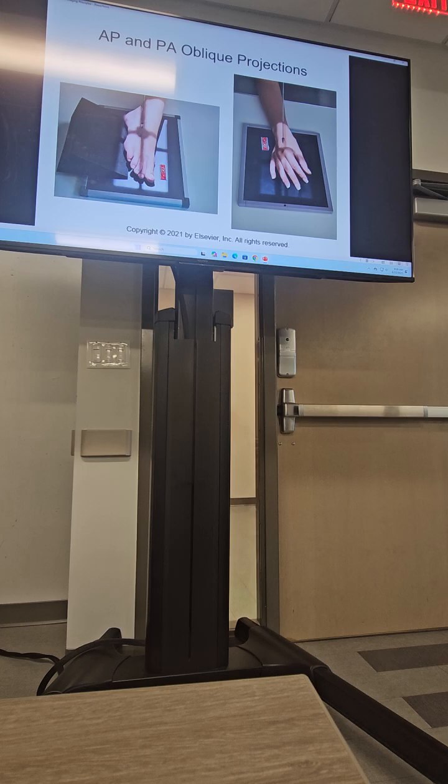A little difference for the extremities, when you see AP or PA obliques, right? What does that tell you? If it says AP, you know that the X-ray beam enters the anterior part of the extremity. If it's a PA, remember the hand, this part is the posterior.